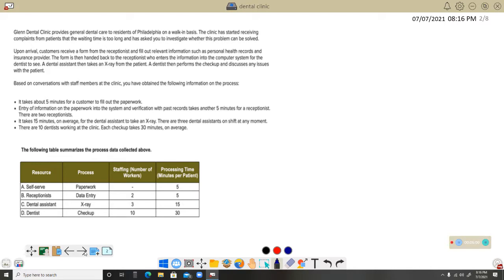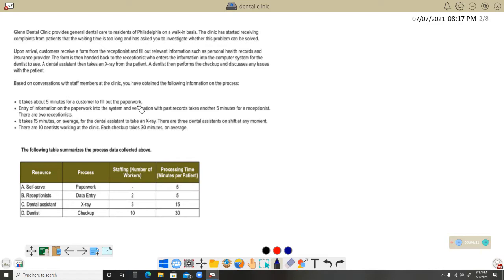All the details regarding that particular clinic are given in the first paragraph, based on discussion with the workers, the staff members in that clinic. You got some information. Let us consider it takes about 5 minutes for a customer to fill out the paperwork. We all know that when we go into a hospital or a clinic, detailed information regarding the patient should be filled in, right?